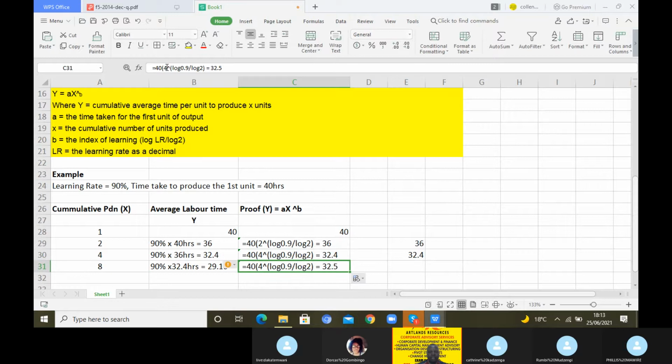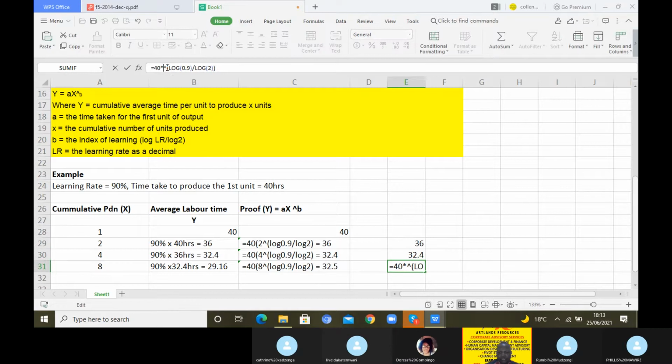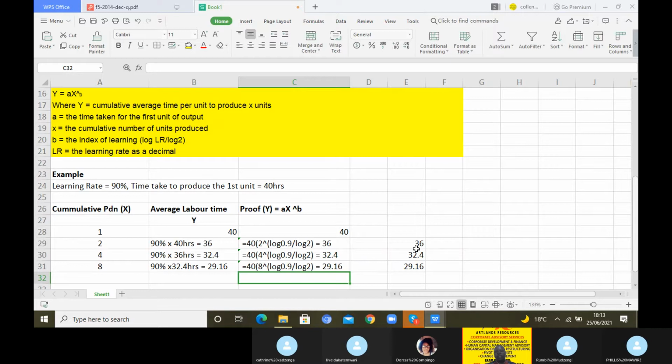And instead of 4, we now have 8 for us to verify. Let me undo it, and now I'm putting 8 here, and what I get is 29.16. So make sure you can punch these figures right in your calculator.